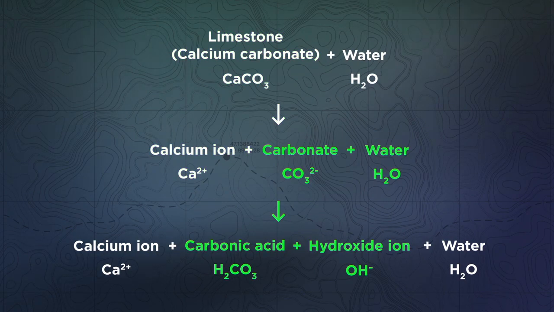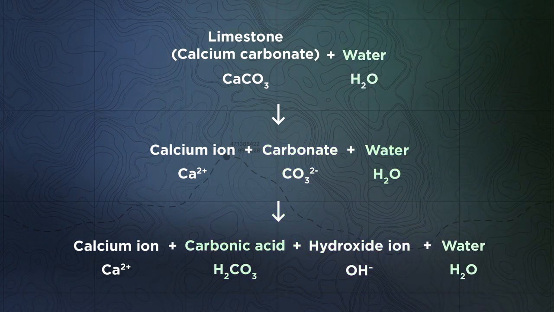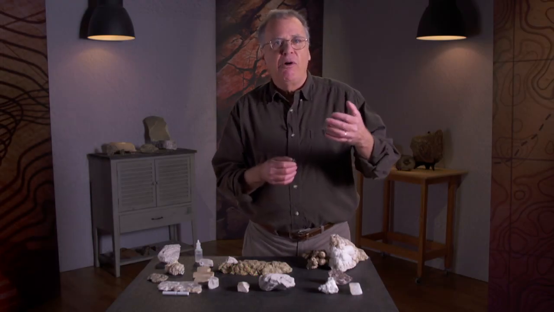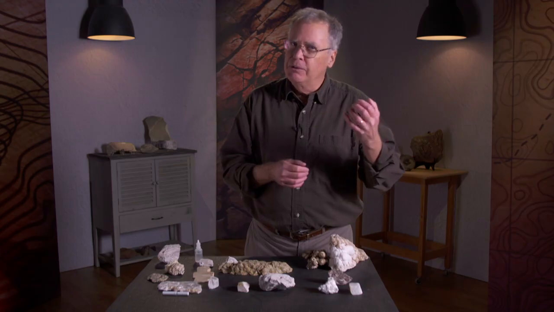When the carbonate ion interacts with water, the carbonate ion breaks apart and you end up producing carbonic acid and hydroxide ion. So it's not just water, it's water plus carbonic acid, and the carbonic acid further drives the solution process. For similar reasons, in places where rainfall is acidic, limestone can dissolve fairly quickly.